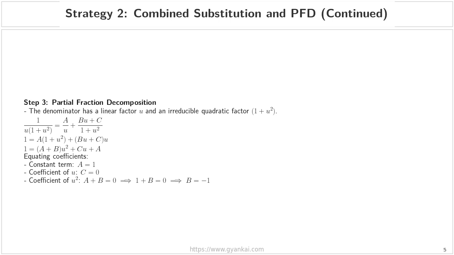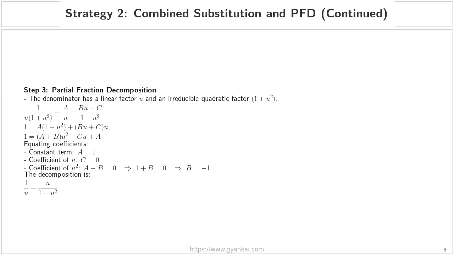On the left, the coefficient is 0, and on the right, it's A plus B. This gives us the equation 0 equals A plus B. Since we know A is 1, we have 0 equals 1 plus B, which means B equals negative 1. So, we found that A equals 1, B equals negative 1, and C equals 0. This means our partial fraction decomposition is 1 over u minus u over 1 plus u squared.